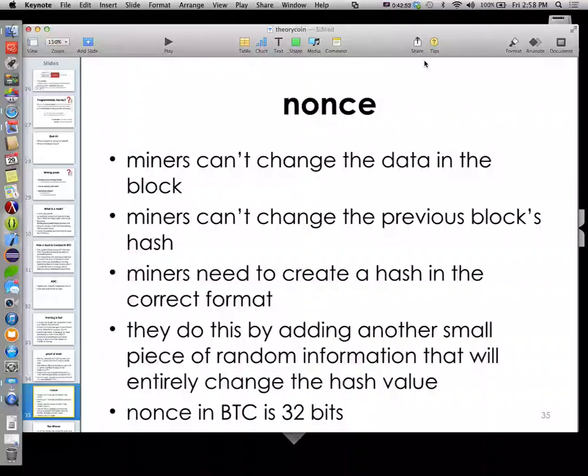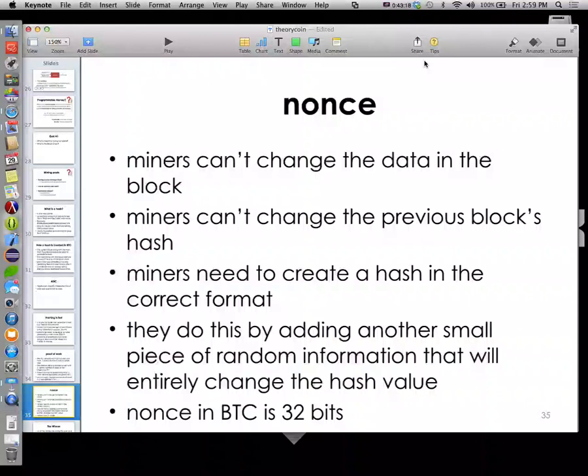So miners cannot change the data in the block. So we're making guesses. And remember that guess has to do with the current block as well as the previous correct answer, the guy who won the last block. Those are the 2 pieces of information they're using to generate their guess. Well, the miners cannot change the previous right answer.